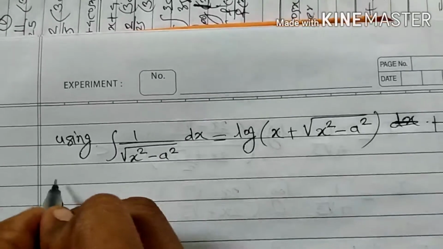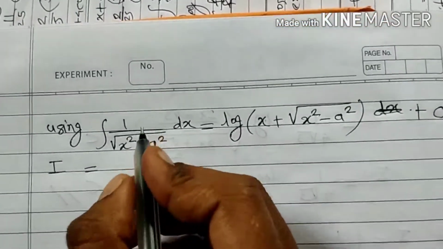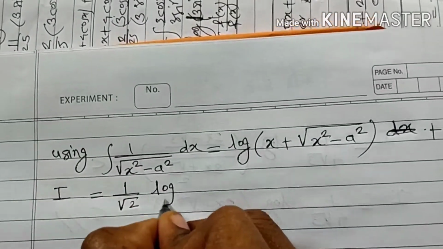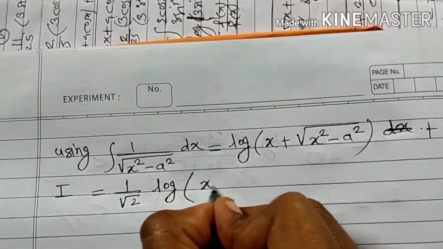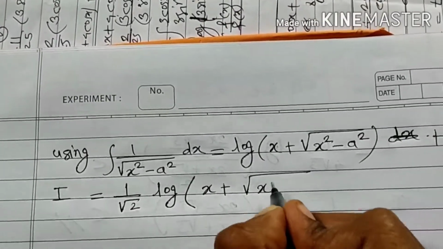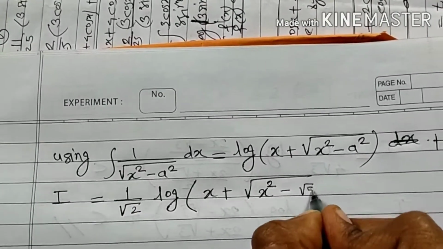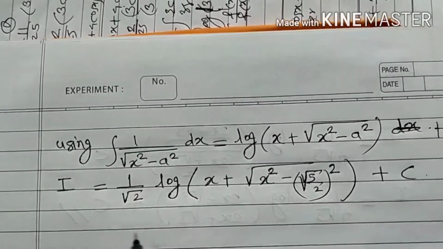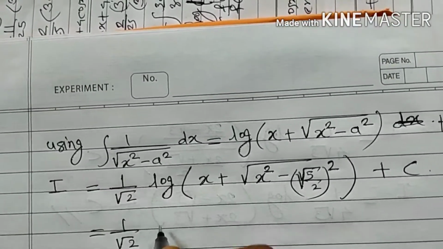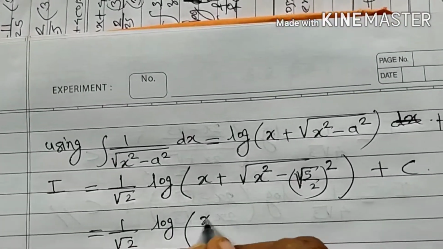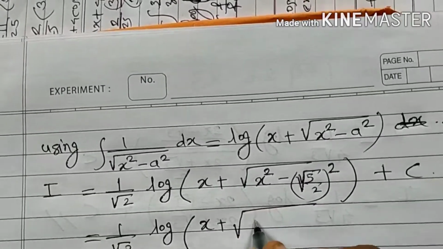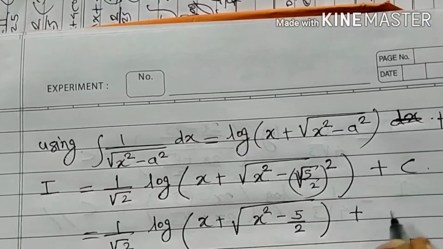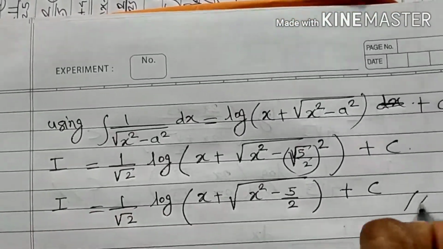So using this, I is equal to 1 upon under root of 2 log x plus under root of x square minus under root of 5 upon 2 whole square plus c. So it is log x plus under root of x square minus 5 upon 2 plus c. So this is our answer.